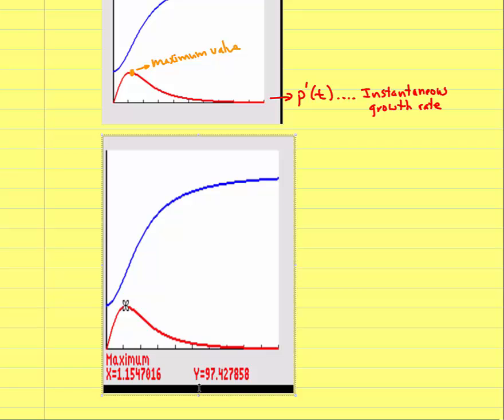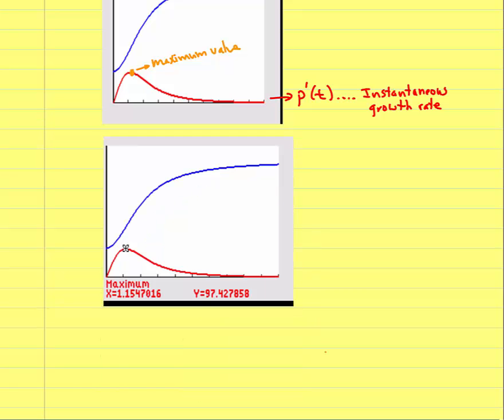So when I look at this graph, it's providing quite a bit of information. This point right here is the maximum instantaneous growth rate.